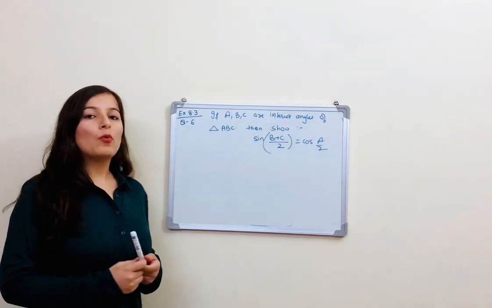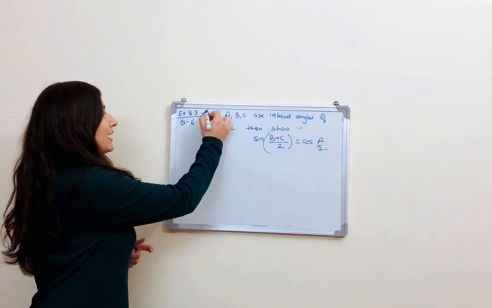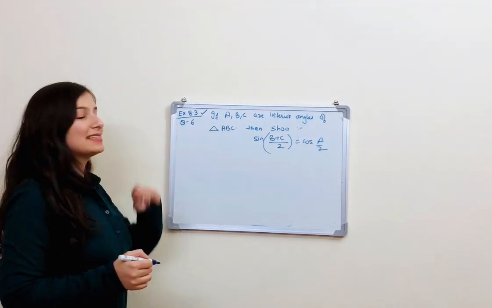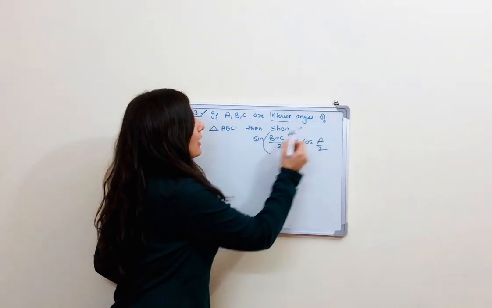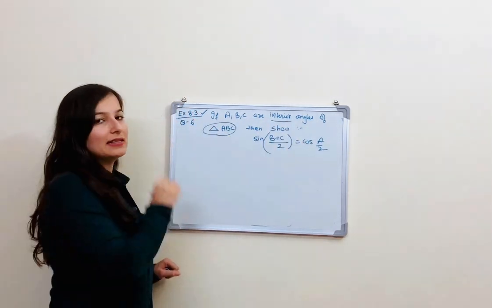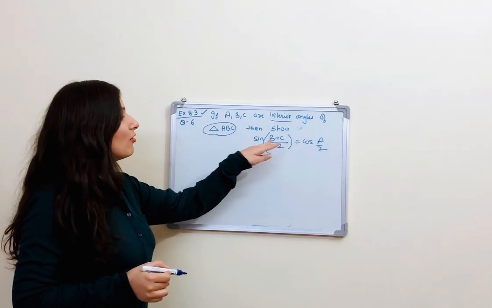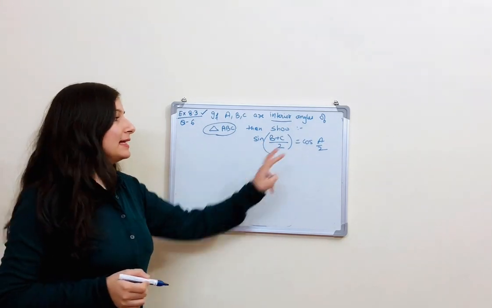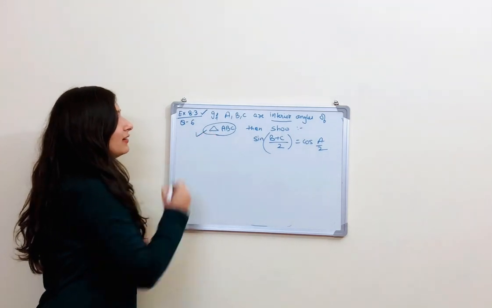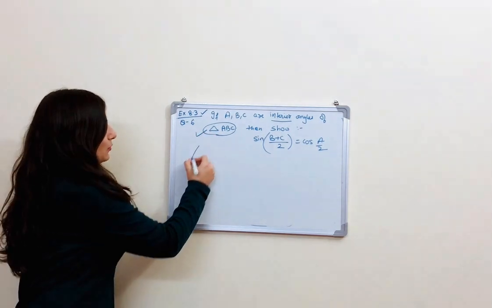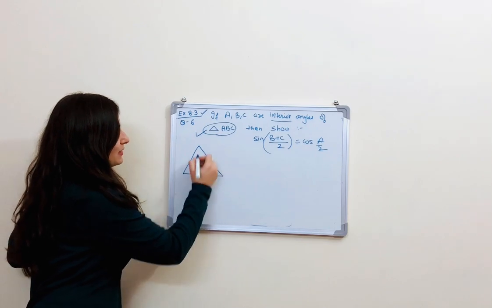We are taking one question from exercise 8.3 and the question number is 6, which says if A, B, C are interior angles of triangle ABC, then show that sine of (B plus C) by 2 is equal to cos A by 2. That means we need a triangle ABC. Okay, so we have triangle ABC.